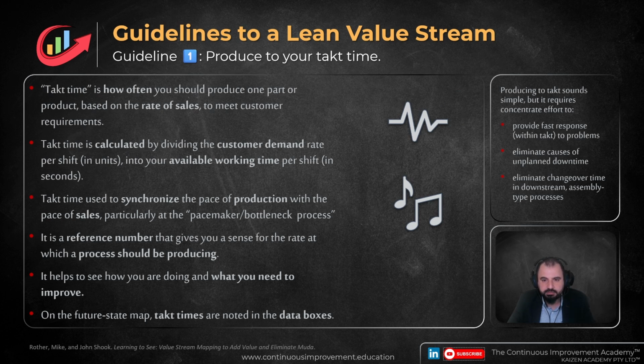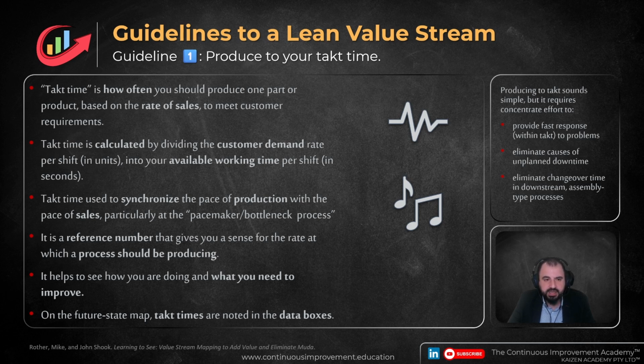And takt time, it's a German word, and it indicates a kind of a rhythm. Takt time is essentially the heartbeat of your production. It tells you how often you should produce one part or product to meet the customer demand.